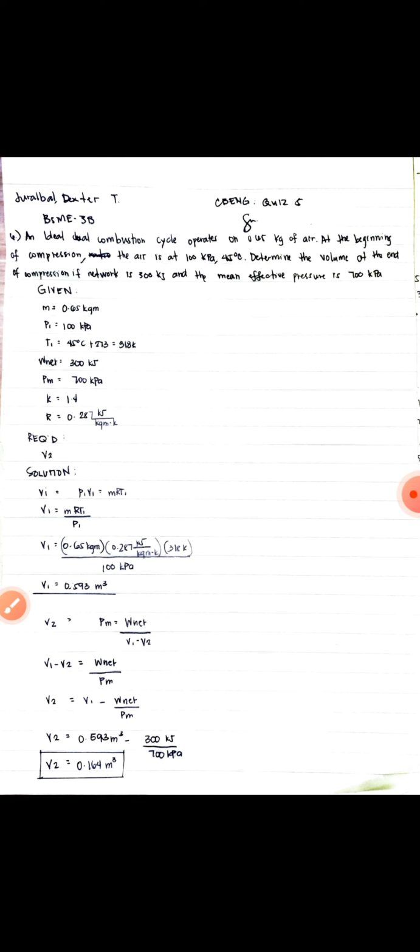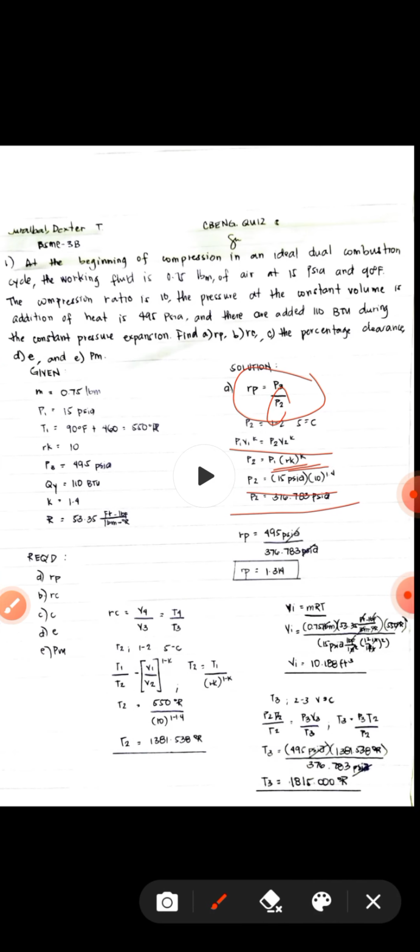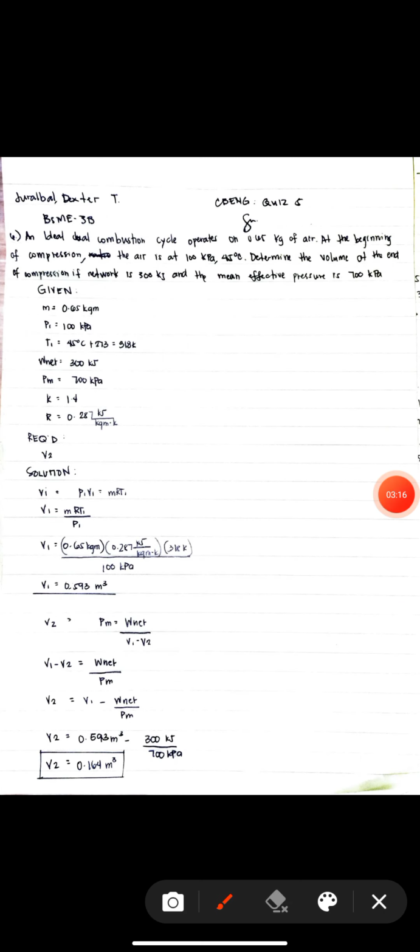So, our solution is P1 V1 equals m R T1. So we derive that, V1 equals m R T1 over P1.